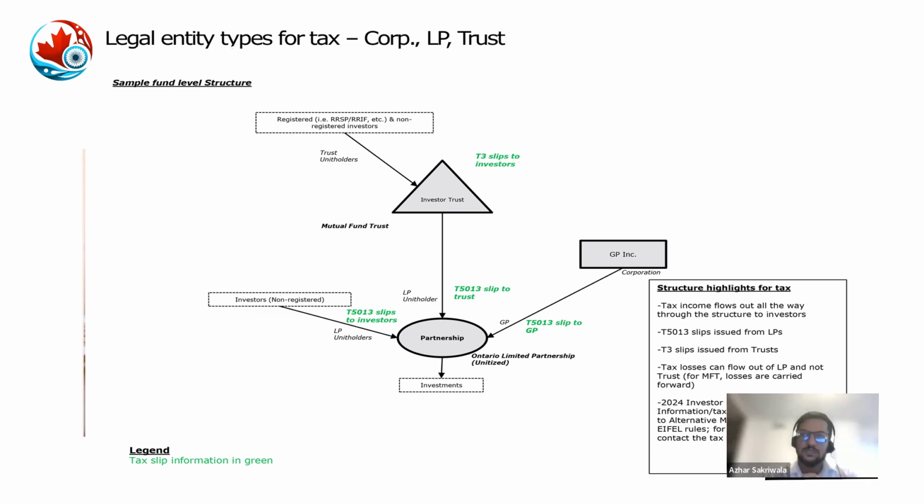A trust keeps assets on behalf of the beneficiaries, that is the investors, or it could also be a trust for a family where the beneficiaries are children. The assets transferred are, let's say, the parents', and there is a trustee who manages the assets and generates income out of it. What a trust does is that whatever income is received by the trust is distributed among the beneficiaries, for which a tax slip, which is T3, is issued by the trust.